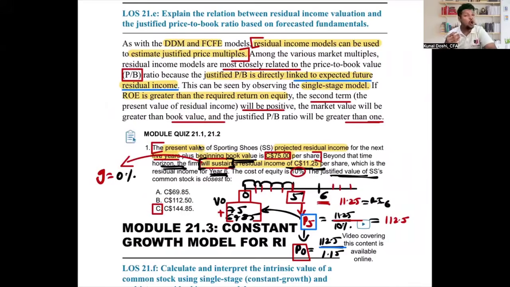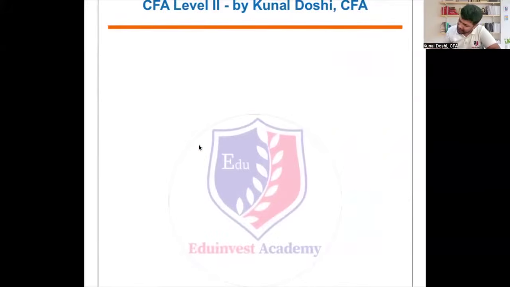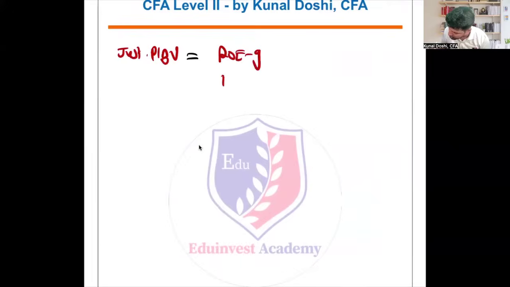Remember, price over book value, where we replace the price with the Gordon's growth. Correct? So we will write down here. Again, I will write down what is my justified price to book value ratio. Everyone, if you notice, what is my justified price to book value ratio? Yes, where we compress the formula into ROE minus the growth over cost of equity minus growth. Am I correct? Right. Now, if you notice in our current V0 formula of residual income, we are using almost the same components.